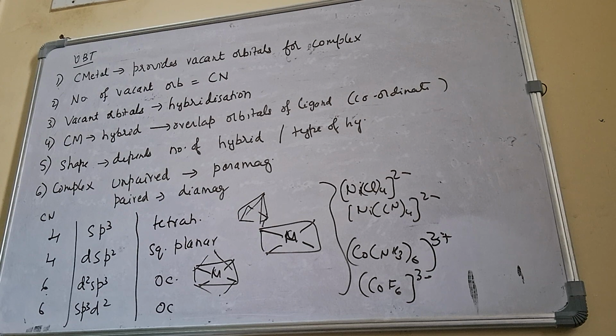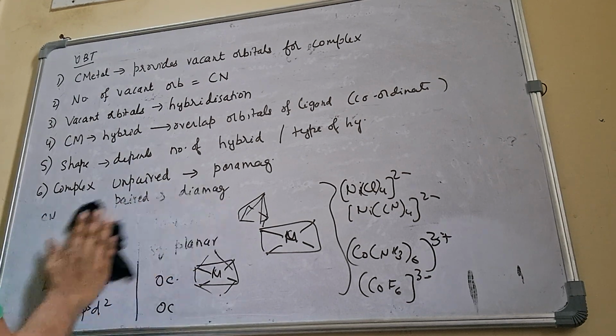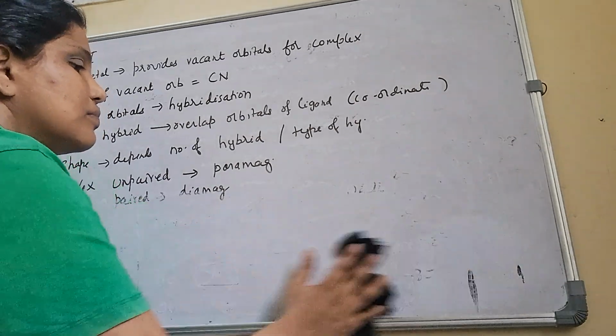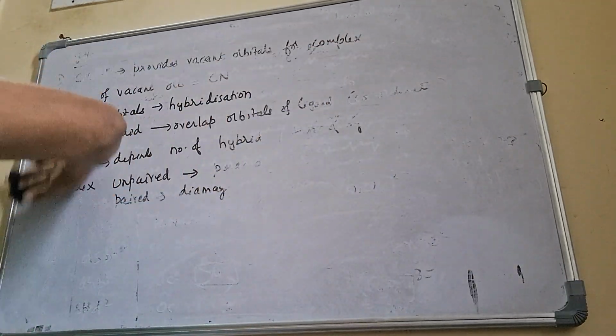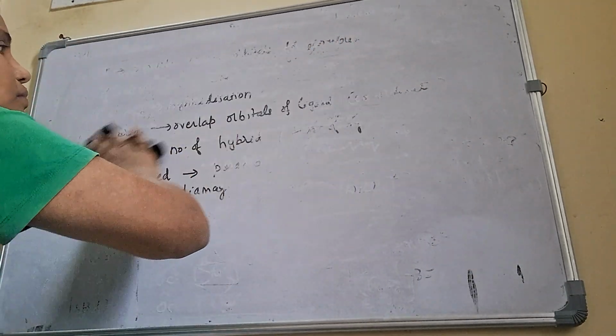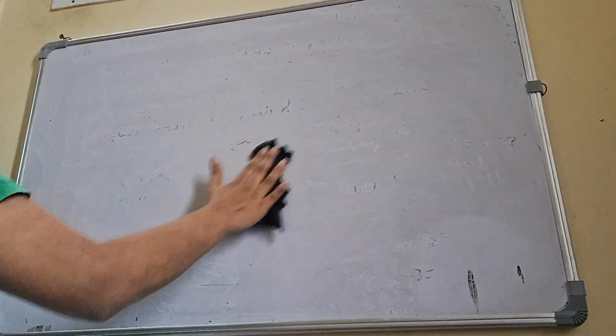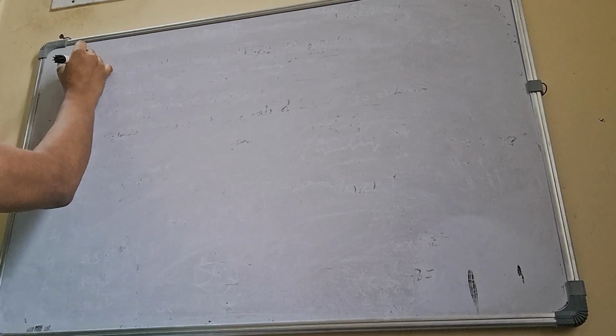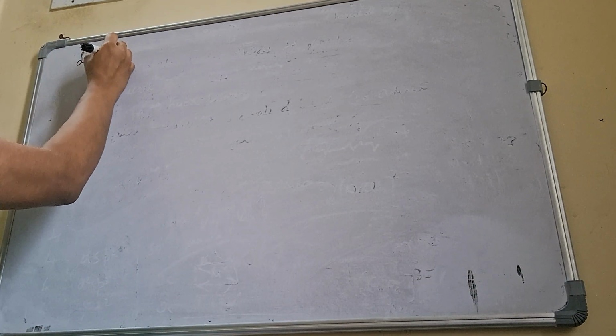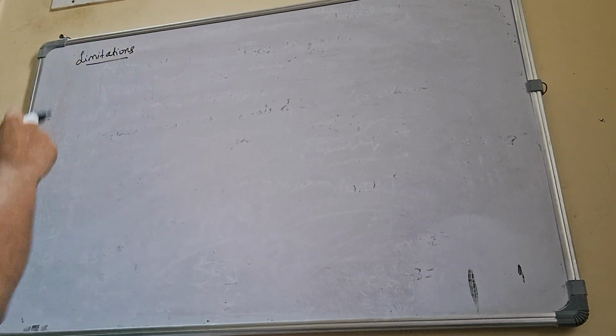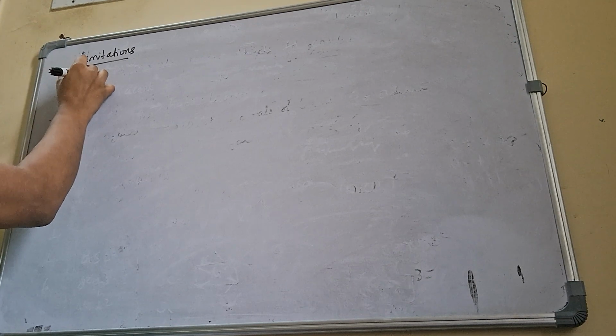Alright, so now let us talk about the limitations of VBT. The limitation is that it is not accounting for the color.